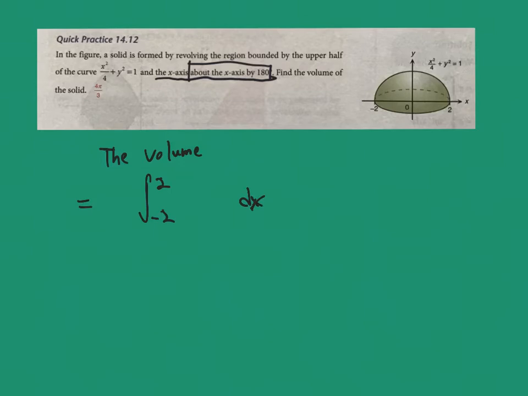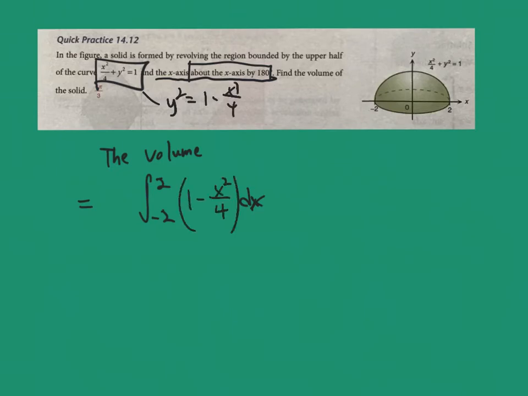So the upper and lower limits must be values of x. Now the function inside is y squared, therefore we need to change this curve to y first. Luckily, we need y squared, so we don't need to take any square roots. The function inside will be 1 minus x squared over 4, in brackets.